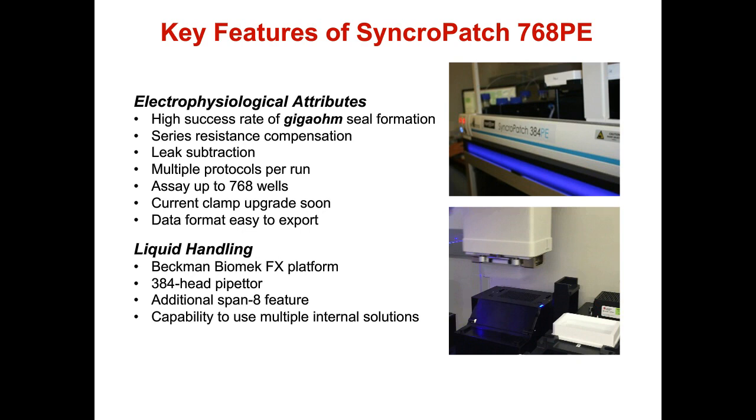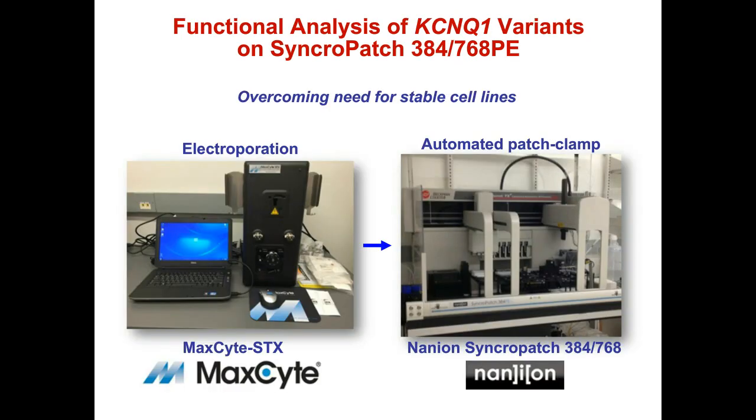There was another challenge that we faced, which was that automated patch clamp platforms normally work well with stable cell lines, and we were interested in studying hundreds of genetic variants. That created an opportunity to come up with a scheme to get around the need for stable cell lines. Fortunately, a woman I hired who formerly worked for a big pharma suggested we use an electroporation platform made by the MaxCyte company.